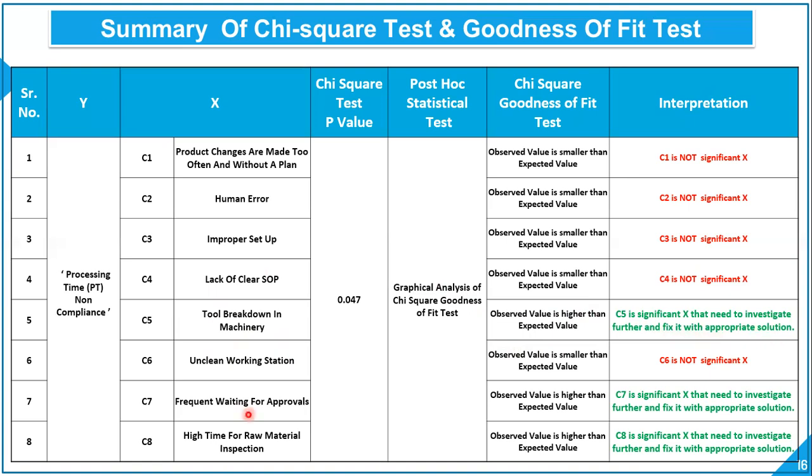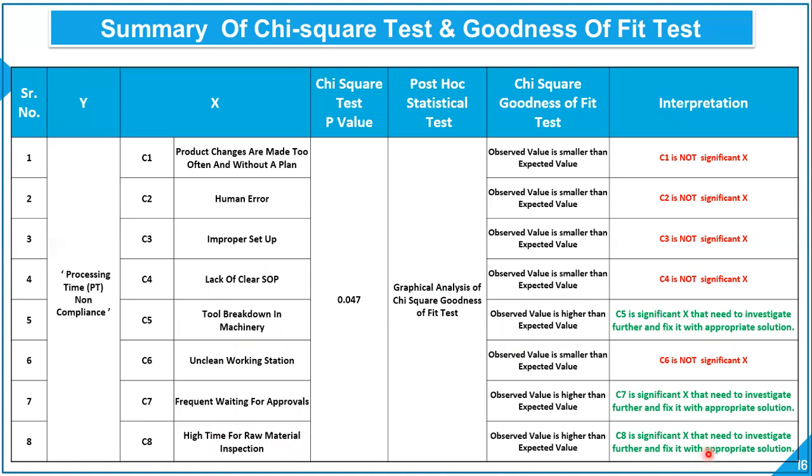C7, frequent waiting for approval, is a statistically significant X that needs to be investigated further and fixed with an appropriate solution. Same with C8, high time for raw material inspection, a statistically significant X that needs to be investigated further and fixed with an appropriate solution.